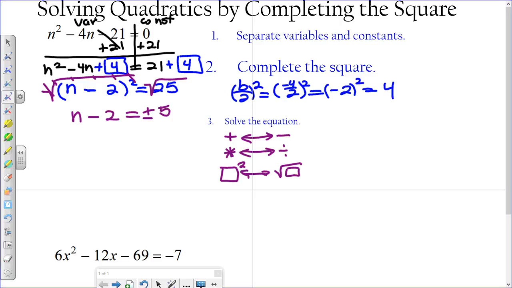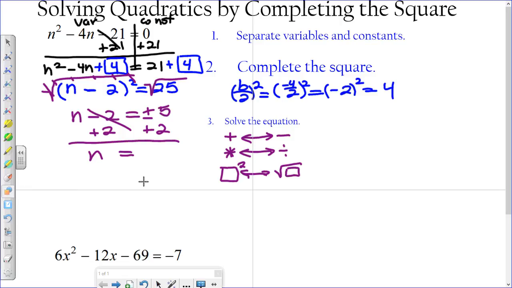Okay. Now, get rid of the minus 2. The opposite of minus 2 is plus 2. What you do to one side, you must do to the other side. This cancels. And all you have is n is equal to. Now, the way you do this is you do the following. We can do most of this work in our head.